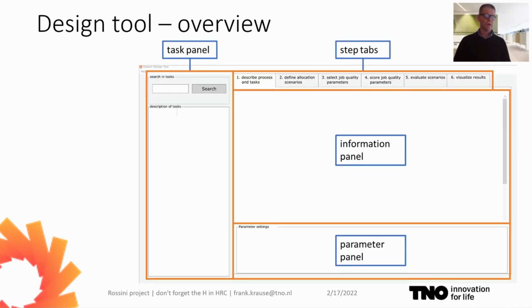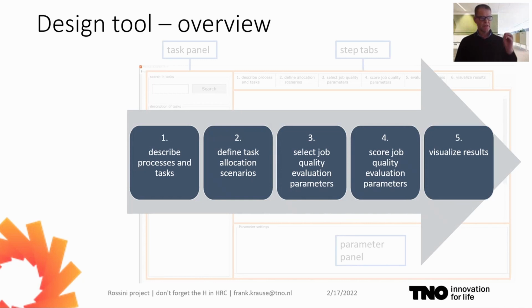This is the design tool where you have several panels. There's a task panel: what are the robot and the human going to do? We have several steps in it. There's an information panel and a parameter panel. And these are the steps. Everything starts with a proper description of processes and tasks.